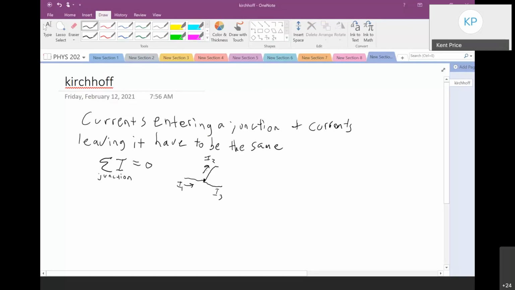If I count incoming current as positive and outgoing current as negative, then I1 minus I2 minus I3 equals 0.